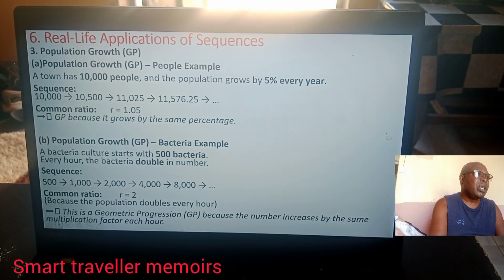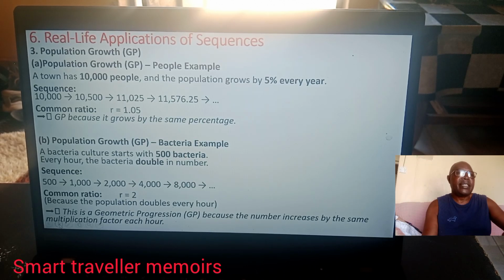The next one will be 11,025. The next one will be 11,575.25, although you don't have 0.25 of a person. And the common ratio here is 1.05. It is a GP because it grows by the same percentage.